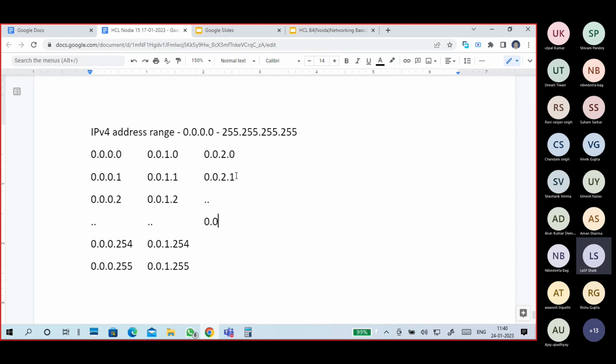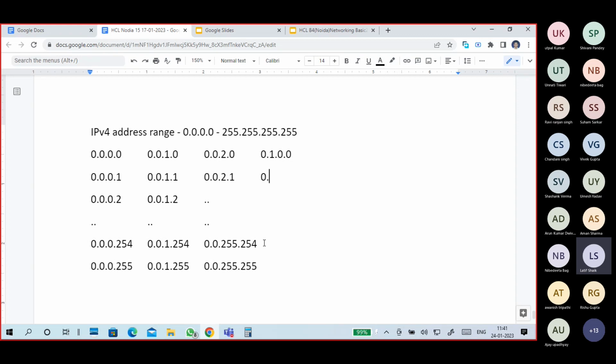Just I'm going with the third octet. 0.0.255.255. So once it reaches 0.0.255.255, then 0.1.0.0.